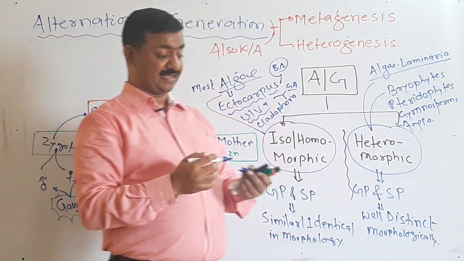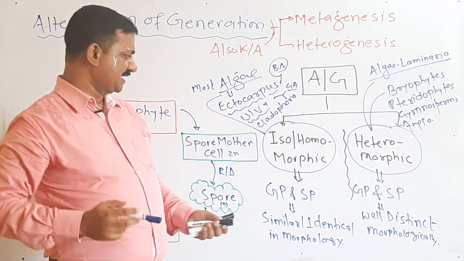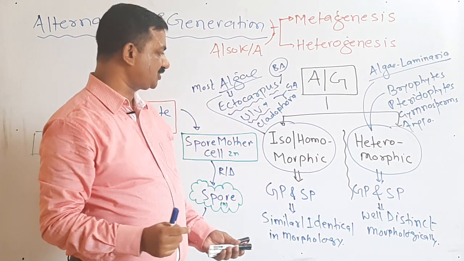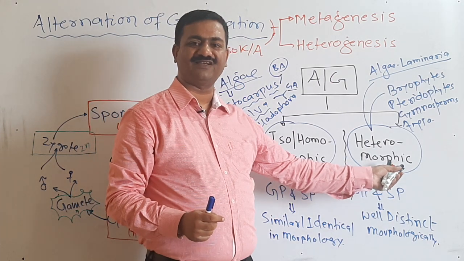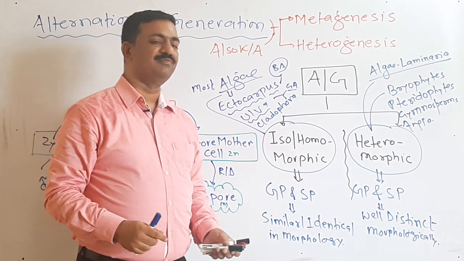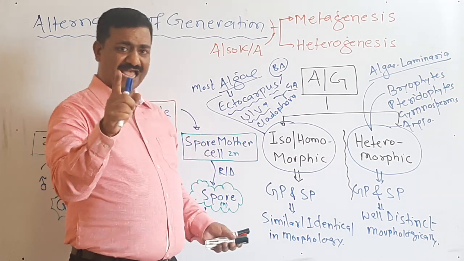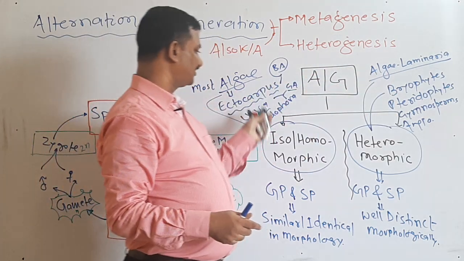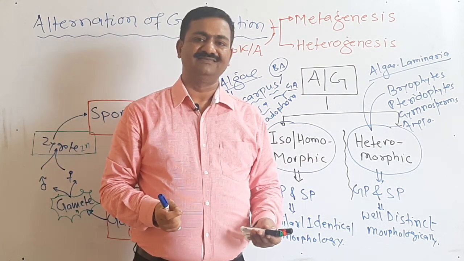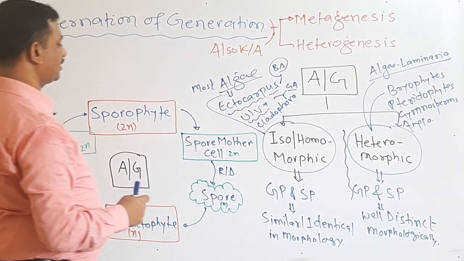So a question may come asking which one is the odd one with respect to heteromorphic alternation of generation, or which one is not correct for isomorphic alternation of generation, and your options may be out of these. So you can now very easily find the odd one. Is it clear?